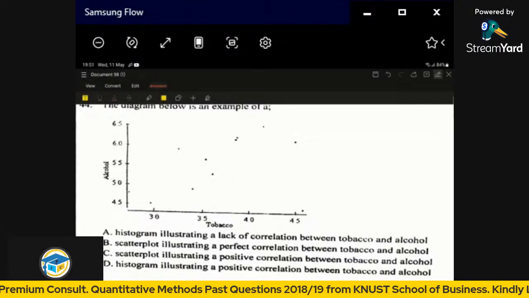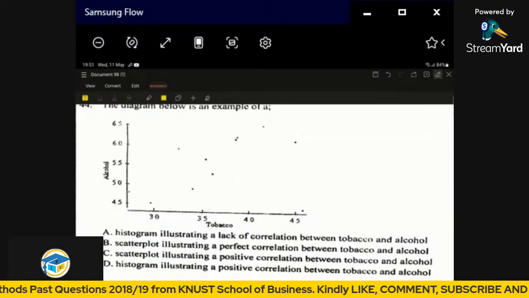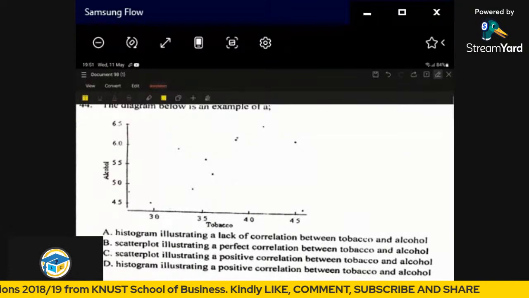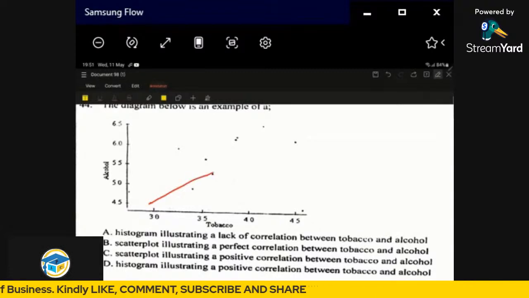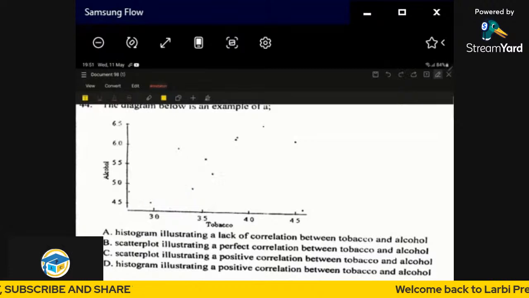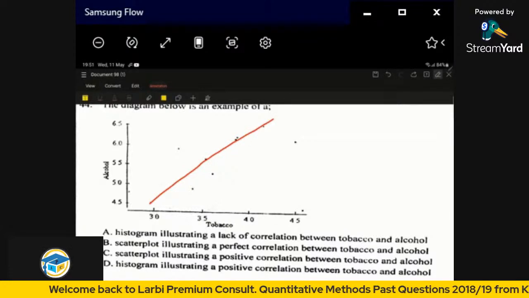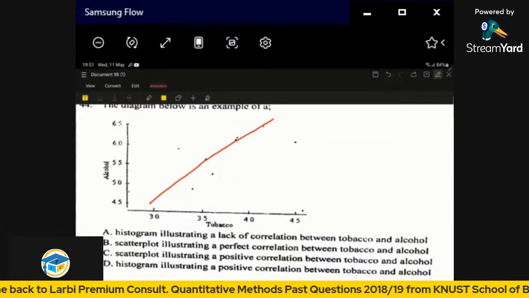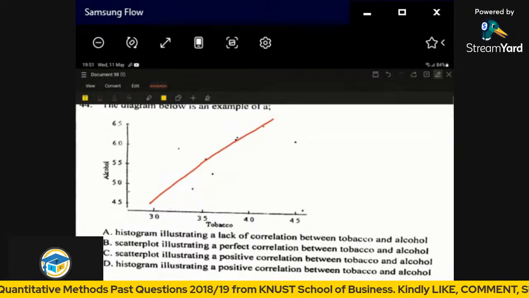So the right answer here is a scatter plot, because it's illustrating a positive correlation. And how do you do that? To get a positive correlation, you start from here, and it can be drawn something like this. This becomes what we call a positive correlation because some of the points are close to the straight line, which we call the line of best fit.